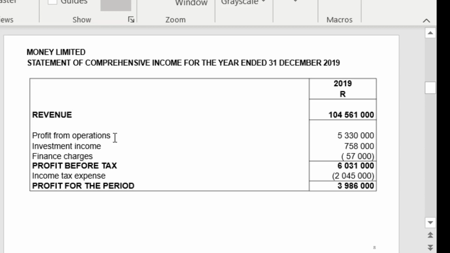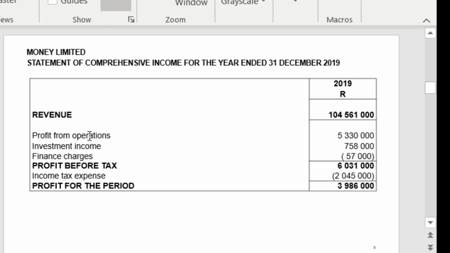In order to determine that, we just need to go back and look at how the statement of comprehensive income is calculated. You will need your revenue less cost of sales. That will give you the gross profit. Then you add other income, you less other expenses, and then you get your profit from operations.